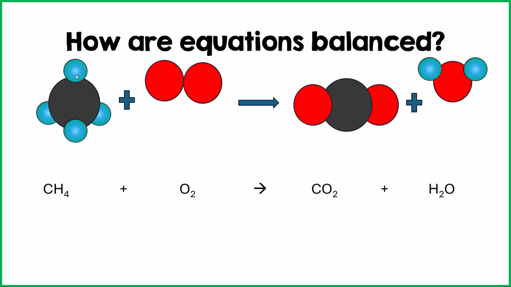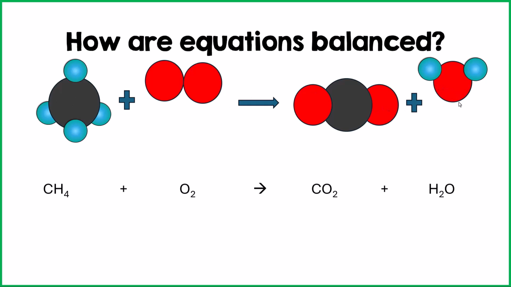Some of these hydrogen atoms seem to be disappearing, and that is not acceptable according to the law of conservation of mass. We can't have any of these atoms just disappearing. So we need to figure out how to have the same number on both sides. If we have 4 over here, what makes the most sense is to add 2 on this side and create 4 on this side so that we can be balanced.